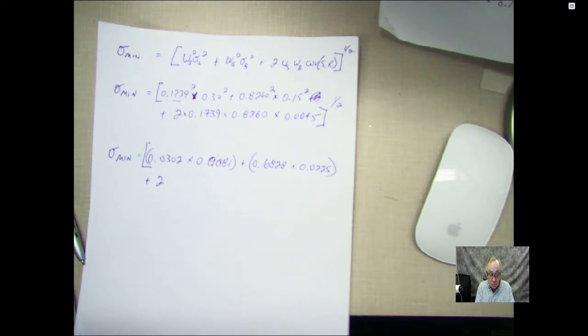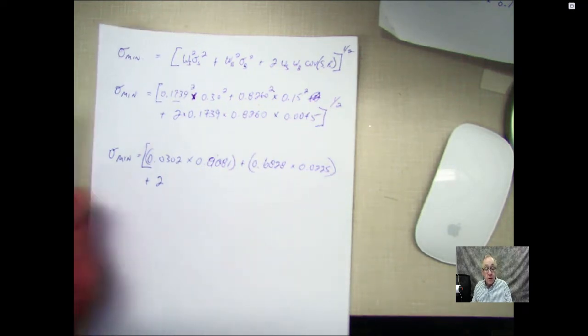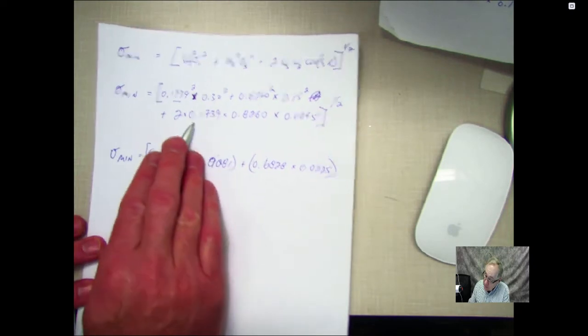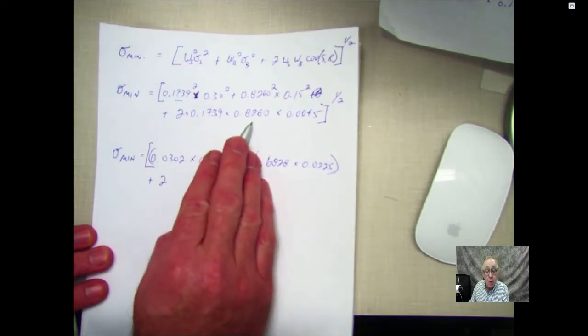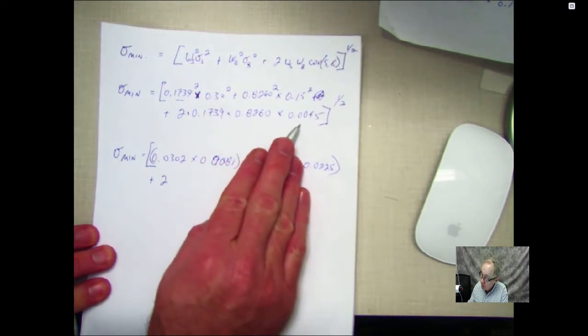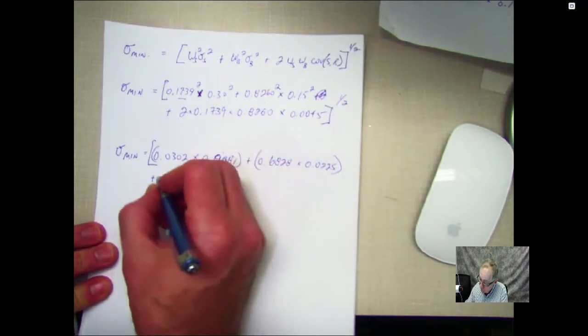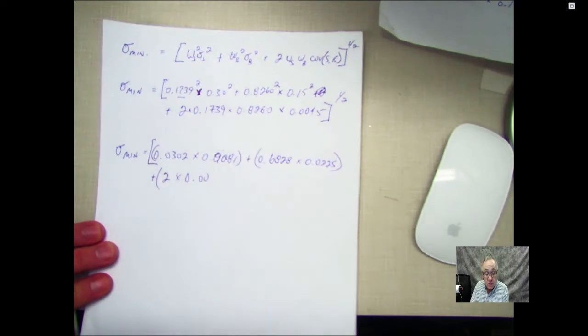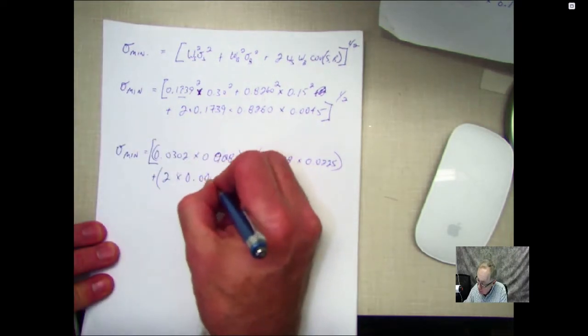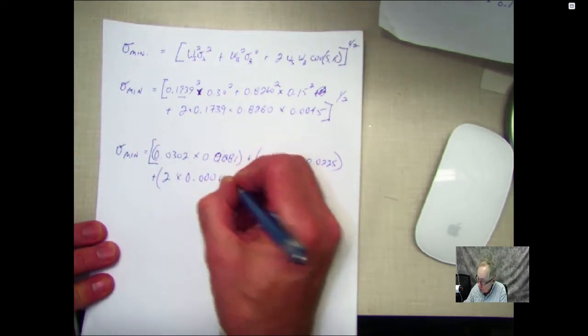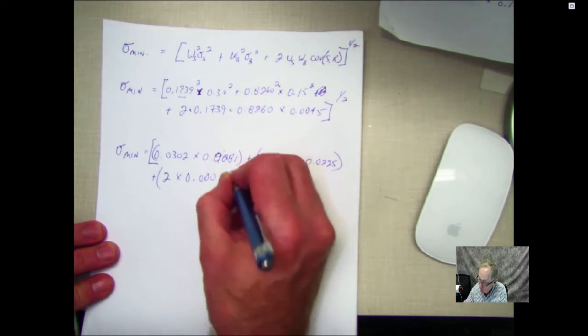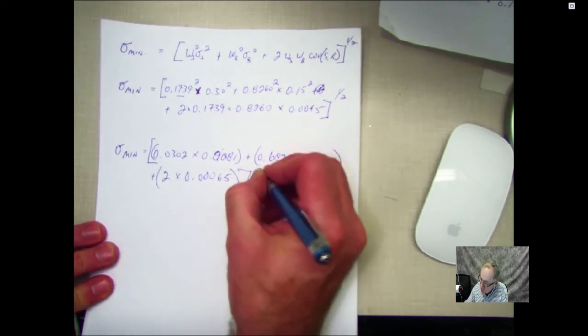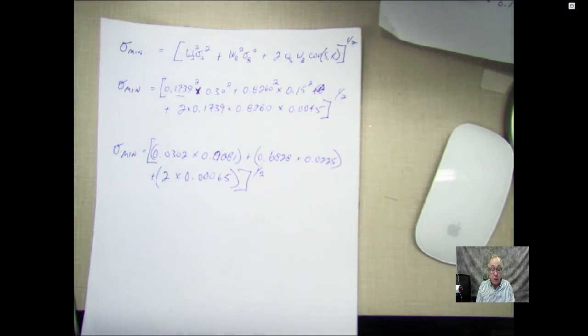So 0.1739 times 0.8261 times 0.245 is 0.0006 or 646 if you wish. Close that, and remember we're looking for the square root.